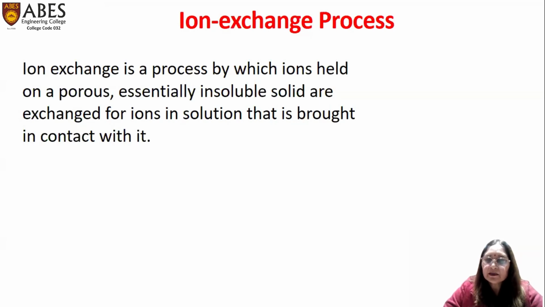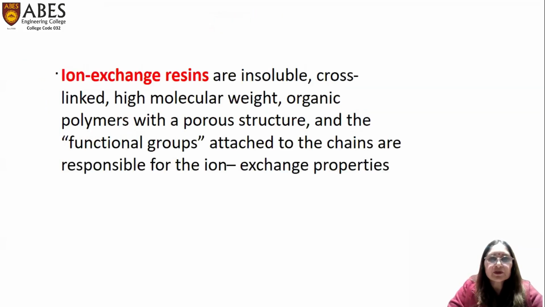For this, we are using ion exchange resins. What are resins? Resins are insoluble, cross-linked, high molecular weight organic polymers with a microporous structure and functional groups attached to the chains, which are responsible for ion exchange properties. This is the ion exchange resin.